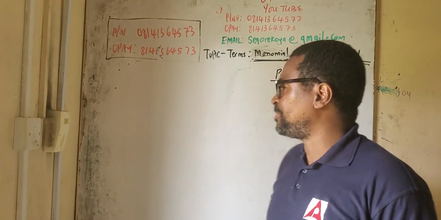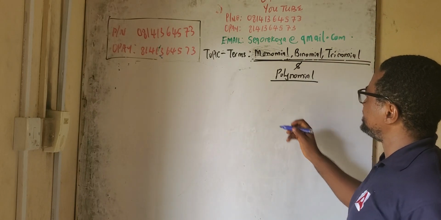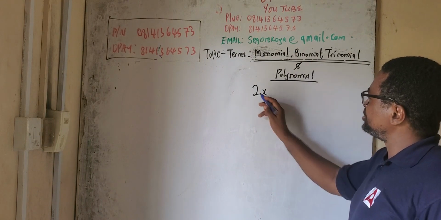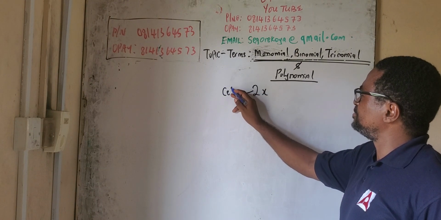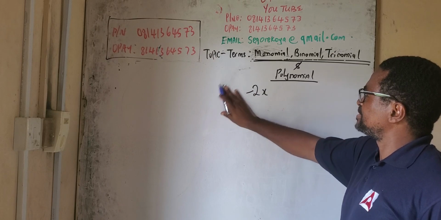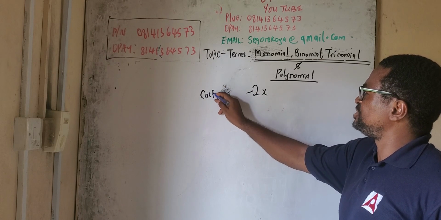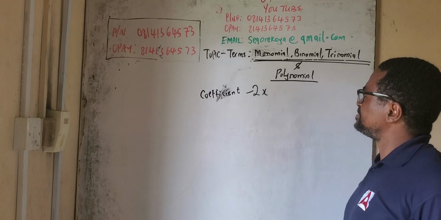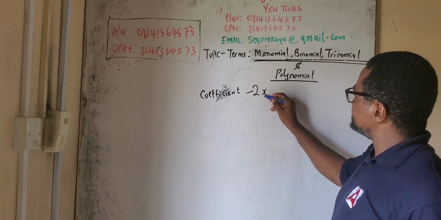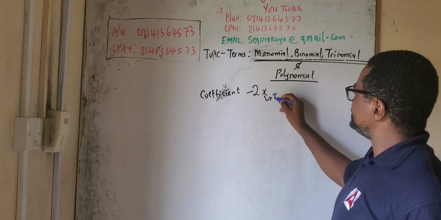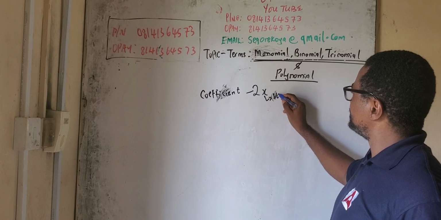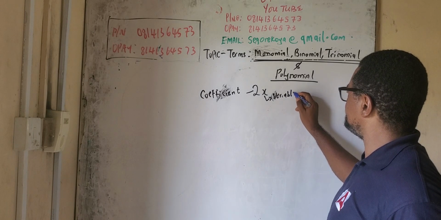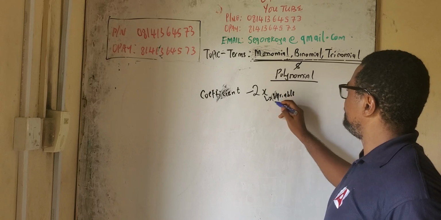Thank you. Now, when we have something like this, like I said the other time, let's say 2x. This number 2 is called coefficient. And this particular x I have here is just a variable term.